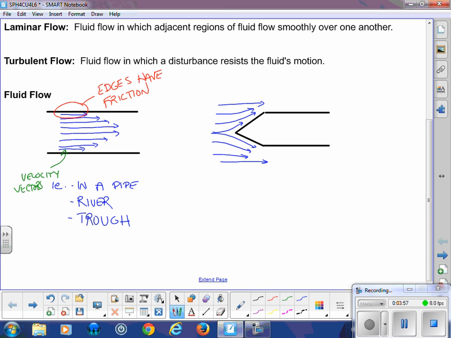We get that dividing force, and there's a little bit of a buildup, which I'm going to talk about in a little more detail. There's a buildup because all the water is being pushed to that side. That's what happens if you have some kind of blockage inside a fluid flow. Moving to the next slide.